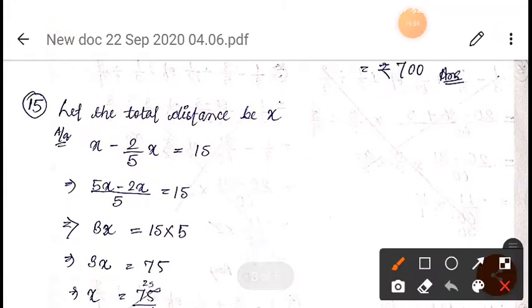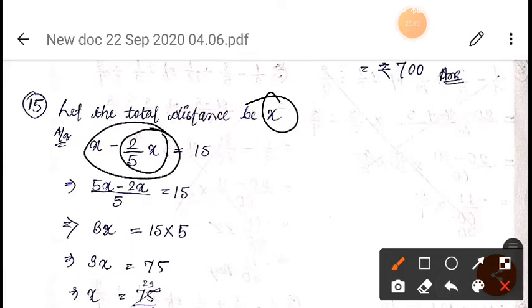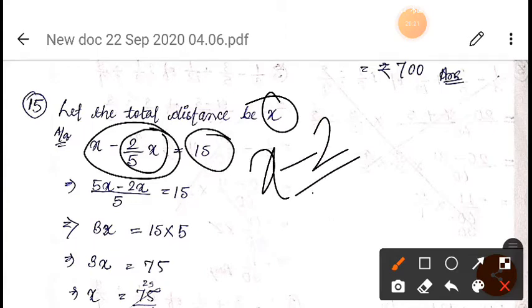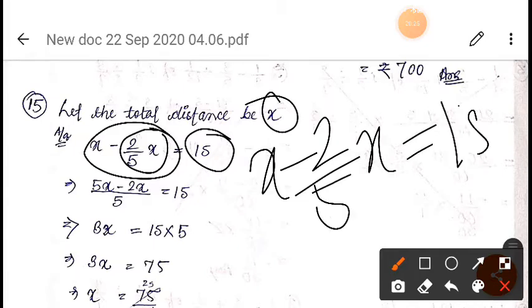After traveling 2 by 5th of his journey, Joy found that he still had to cover 15 kilometers. This is the total distance, and the distance traveled is subtracted from it. So we can write x minus 2 by 5 of the total journey equals 15 kilometers left, right?